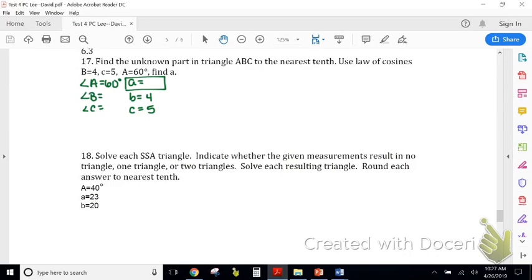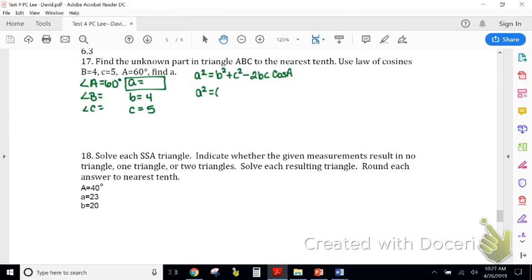It tells me to use the law of cosines. So remember, the law of cosines has this formula. Right? So we can plug it in.